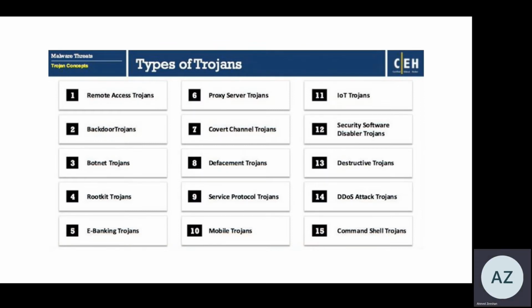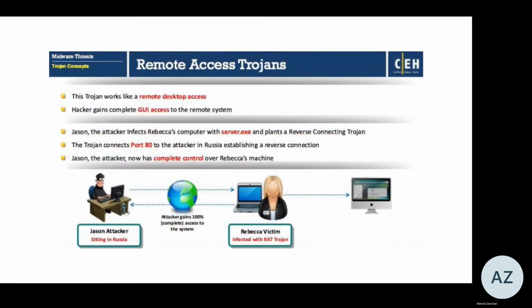Types of Trojans: remote access Trojans, backdoor Trojans, botnet, rootkit, e-banking, mobile, proxy server, covert channel, defacement, IoT, and security software disabler. So these are all kinds of Trojans. Remote access Trojans work like remote desktop access, giving complete graphical user interface access to the remote system.